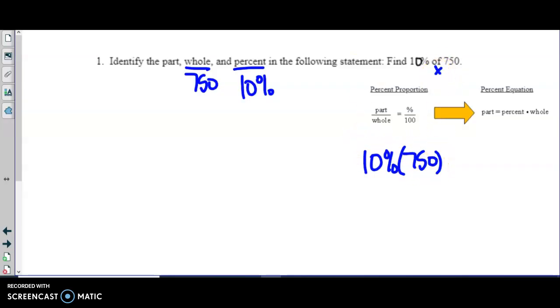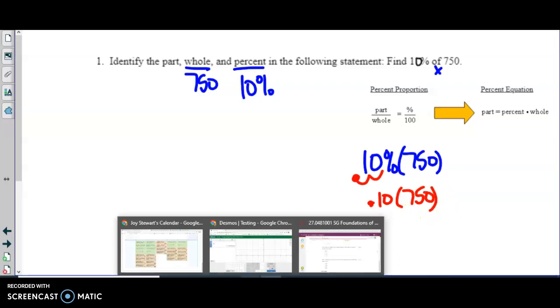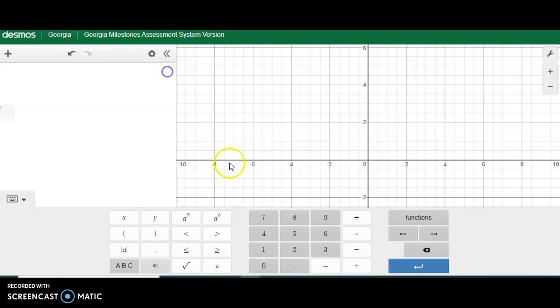Now, when we type this in a calculator, we don't type the percent in, we change it to a decimal. So we're going to do 0.10 times 750 to solve for the part. And so that means that the part is 75.